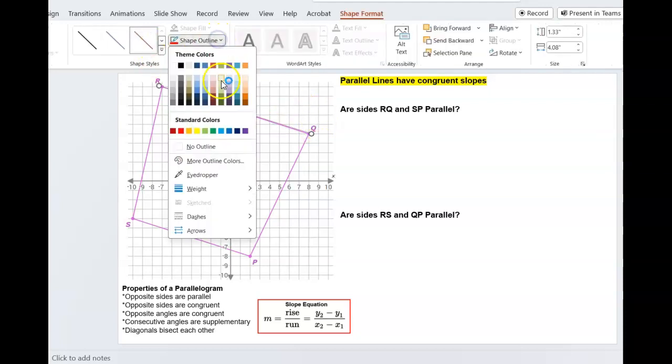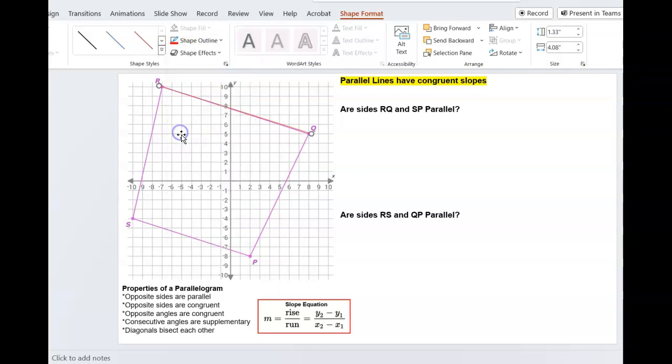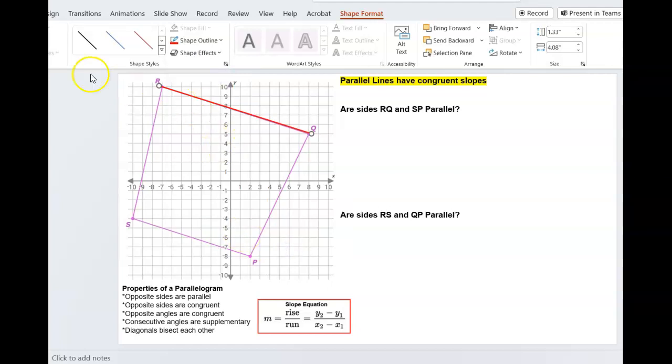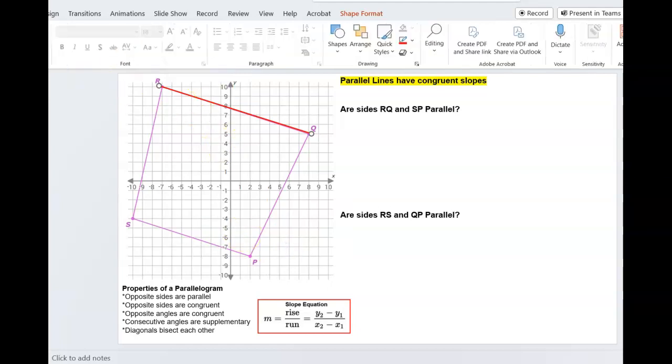Let's make that red and a little bit bigger. And then also get the slope across the bottom. So SP, and we want to see if they're equal. If they're equal slopes, then those are two parallel lines.